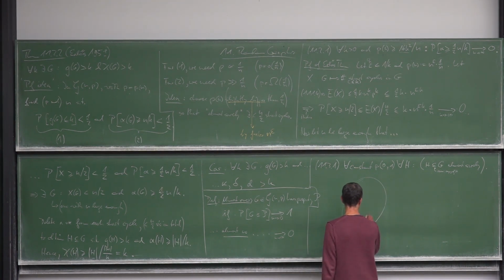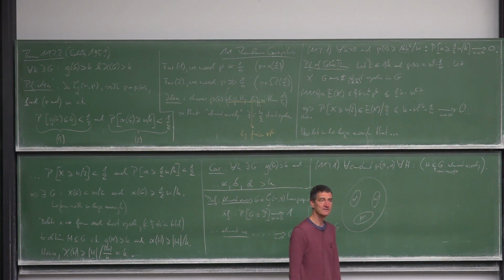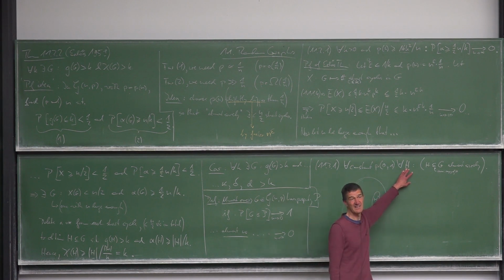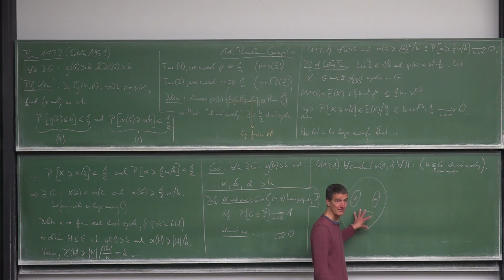And so you have lots of little potential copies of H. Simply, if you have enough vertices, and H has some number of vertices, say k vertices, right? So as n gets big, you have lots of places where you can try.